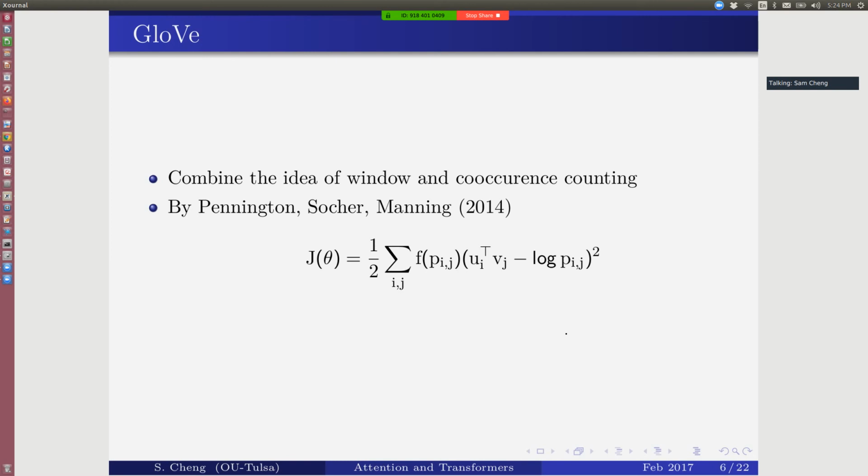It's called GloVe. It combines the idea of the window approach and the co-occurrence approach that we mentioned. For the co-occurrence approach, where you first build the co-occurrence matrix and then do SVD, it has benefits and also disadvantages.